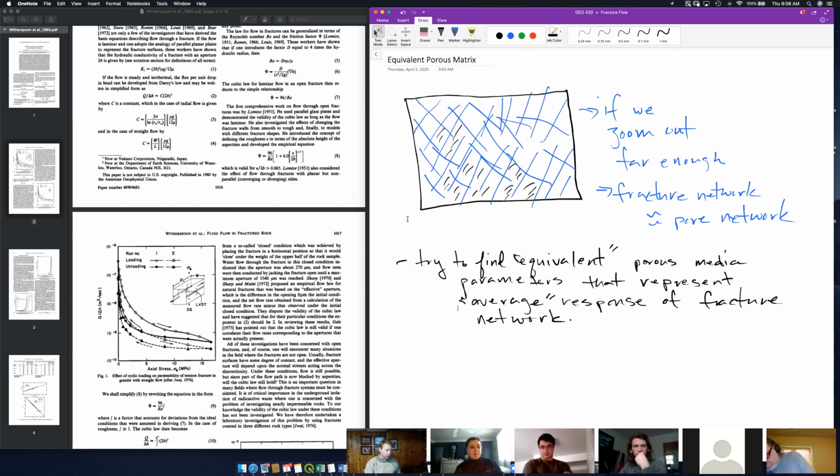All right, so we can derive some of these equivalent properties. So let's do equivalent porosity first.